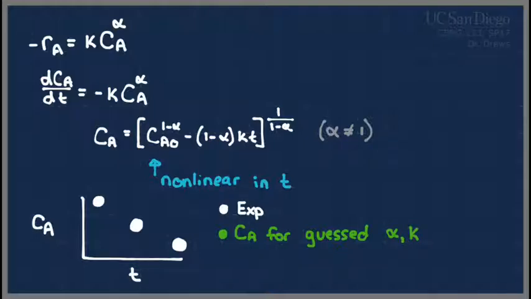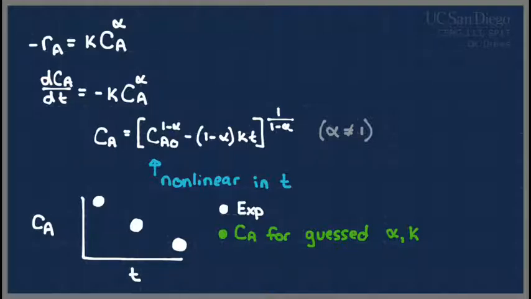You just pick an alpha and a k out of a hat. Try to use whatever engineering judgment you have. So for example, alpha is typically somewhere between 0 and 3, so maybe you would pick it somewhere inside there. The k parameter could be a lot of different things. At any rate, we can calculate a guess for CA based on this expression.